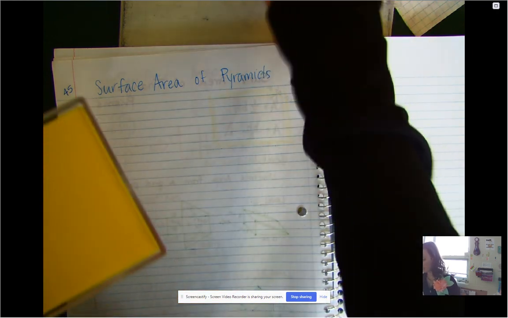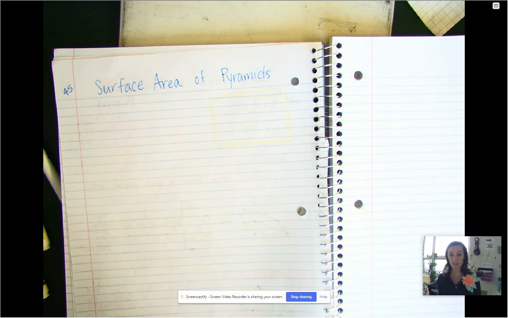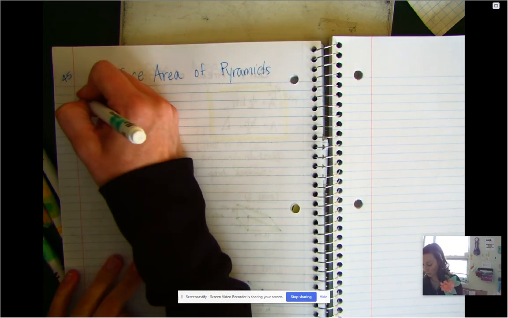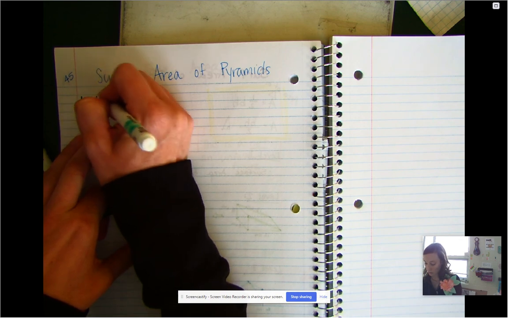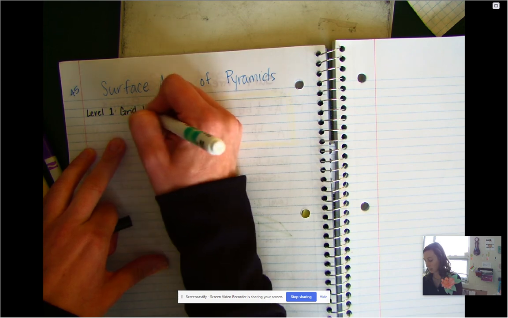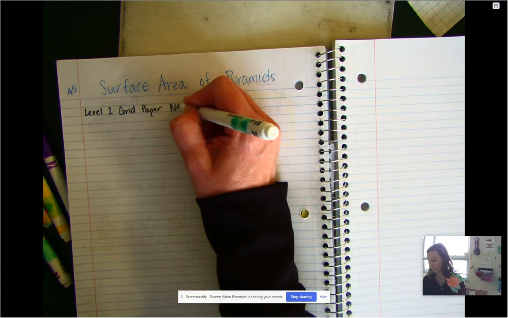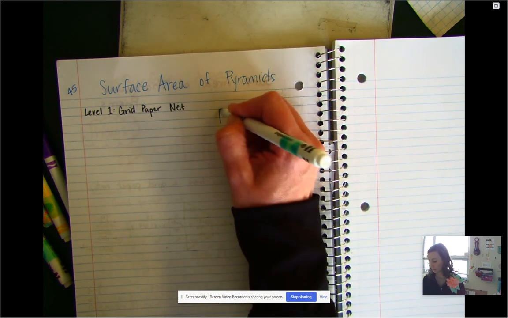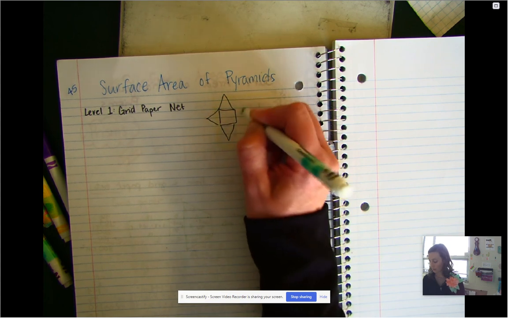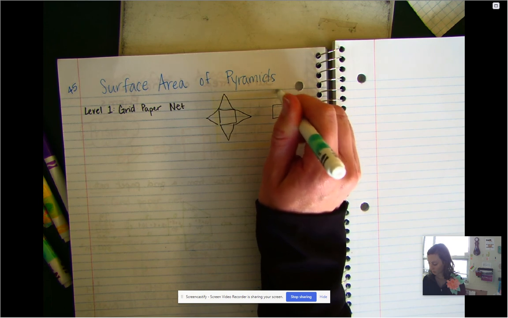So much like last time, we have 3 layers of being able to find the surface area of the net. The first one is just like before. They give us a grid paper net, and we have to be able to count the squares in that net, whether the net looks like that or whether the net looks like what I just showed you.